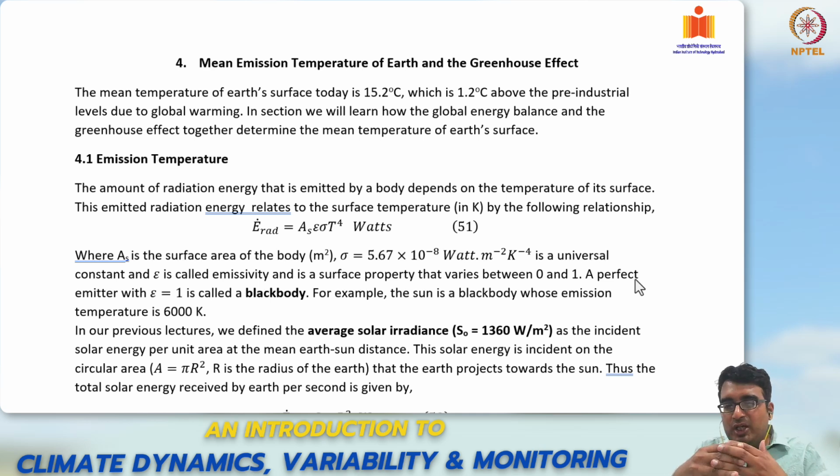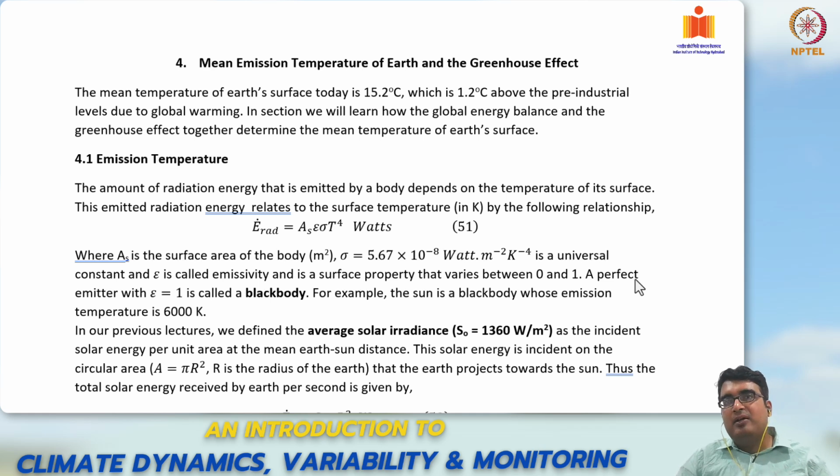Today, we are transitioning to the next major section of our course, which is about understanding the global heat budget and the mean temperature of the Earth. Here we will focus on the basic ideas of what is determining the mean temperature of the Earth, what is determining the mean global energy budget of the Earth, and how these energy budgets and the temperature balance coming out of this energy balance change with seasons, altitude and latitude.